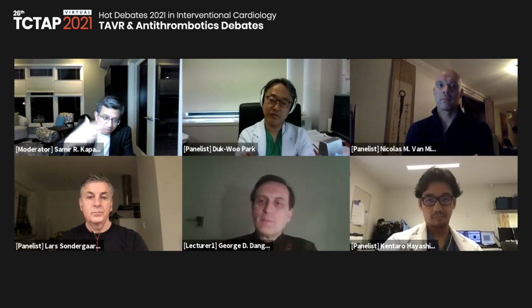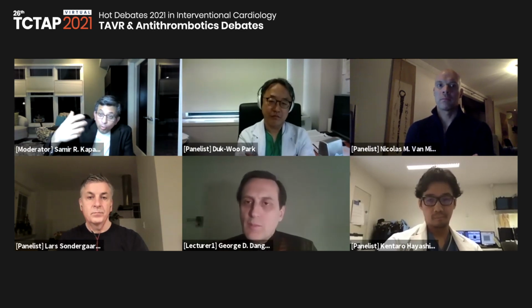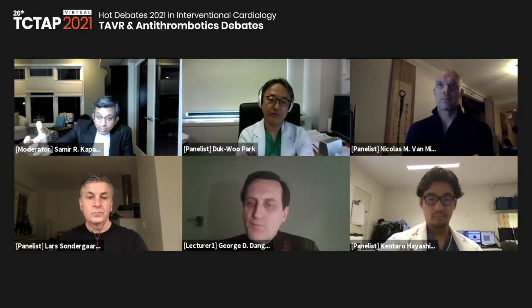So the question is, if you find a patient who has an increased gradient and you don't find calcification on the leaflet, which is not uncommon, it happens, and you don't see that much leaflet thrombosis, do you dilate it? Because some people are saying they think this is underexpansion of the valve. I doubt that this is underexpansion, because it was expanded before. Yet people are dilating it and it gets better.